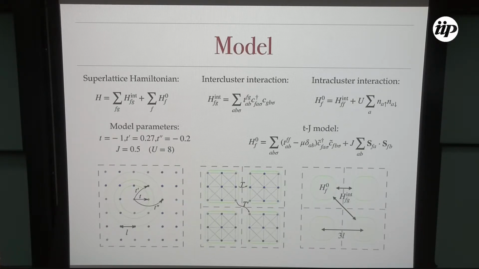The following approach is based on this scheme. We have a 3 by 3 cluster as a new unit cell, and we have an intracluster interaction which is described by this part.